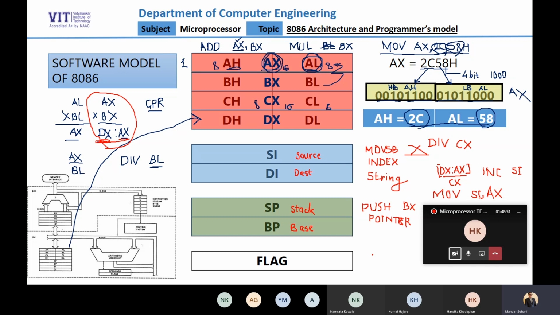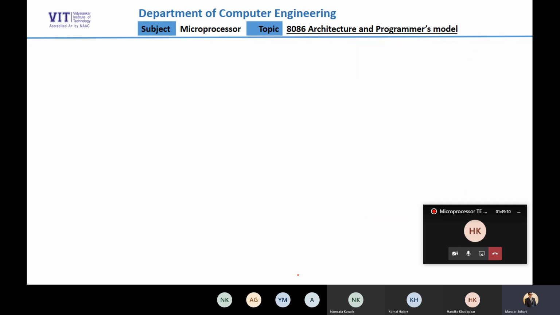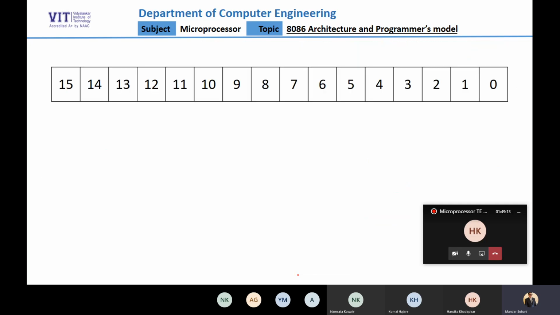Now again, this can be a separate question asked in the university question paper: draw and explain the flag register of 8086. This is asked many times in past university examinations, right? So we will see in detail the flag register of the 8086 processor. You can see this is the flag register of the 8086 processor, and I have numbered every bit present inside it. By just observation, you can say the 8086 processor consists of a 16-bit flag register.